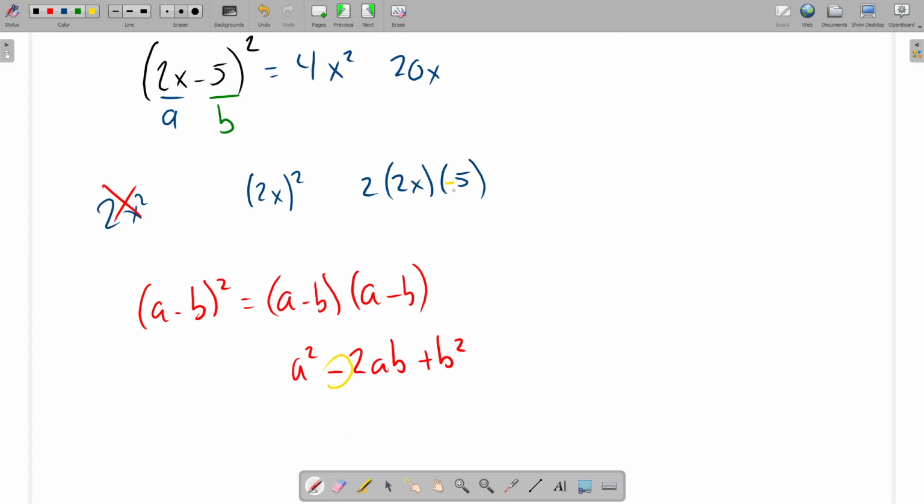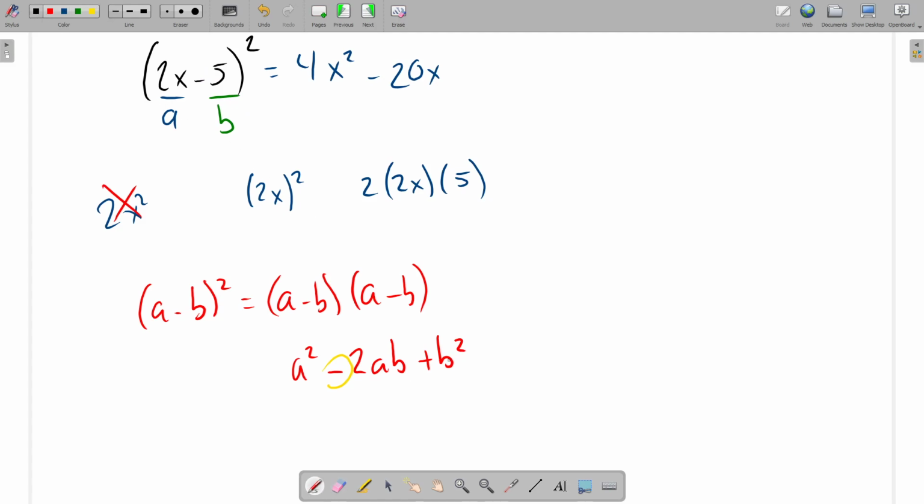So I don't want to put a negative in there and then think I'm going to get a negative 20 and then put this negative here and make it a positive. No, no, no. We want to have a minus 20x in our answer. So I always tell my students the a and the b do not contain the sign in the middle. Specifically, the b does not contain the sign in the middle.